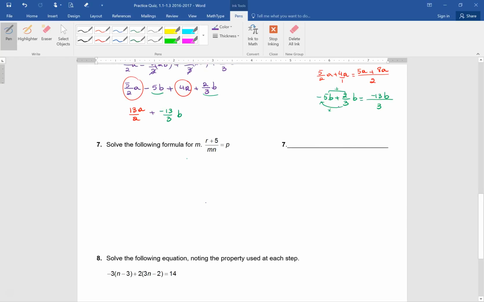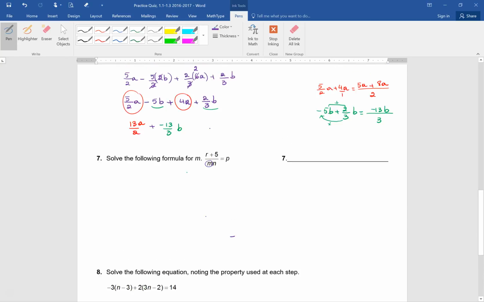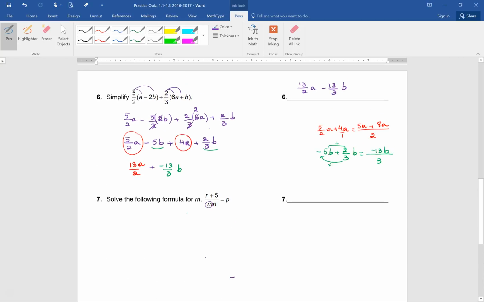Okay? Solving this for m. This is over 1. We cross multiply. P times m times n equals r plus 5. Now, I need to solve for m.